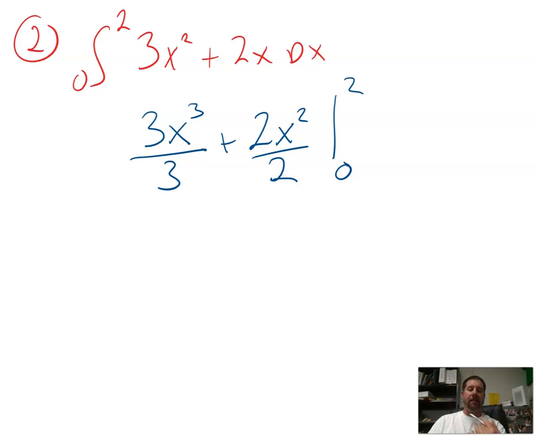Again, worry just about taking your antiderivative. The more you get into this, the more you'll be able to take shortcuts. But in the beginning, I would write stuff out like this while you get used to it. Go back, when you're done, simplify now. This is just x cubed plus x squared. Go and take the derivative of this. Does that give me what we started with? Yes, that's 3x squared plus 2x, so I know I'm on the right path.